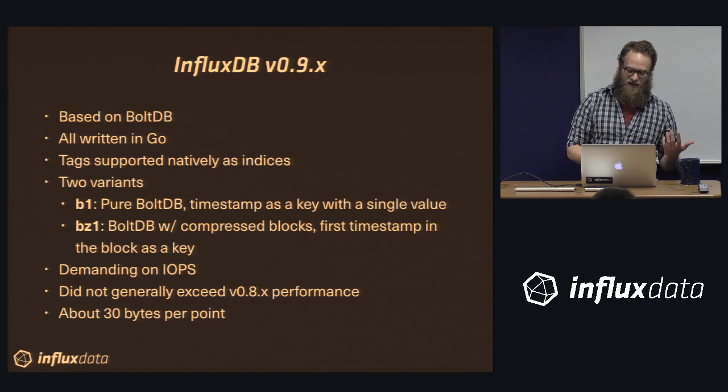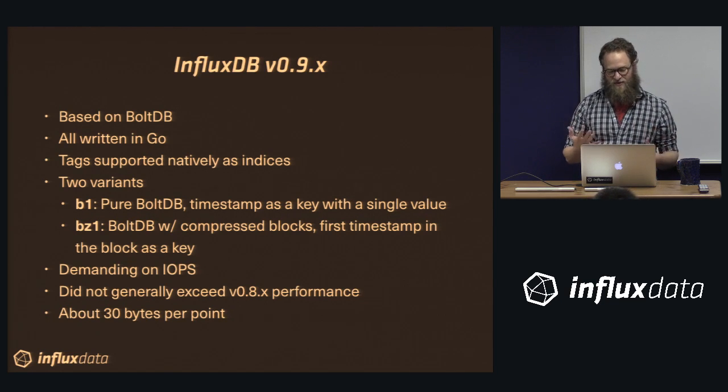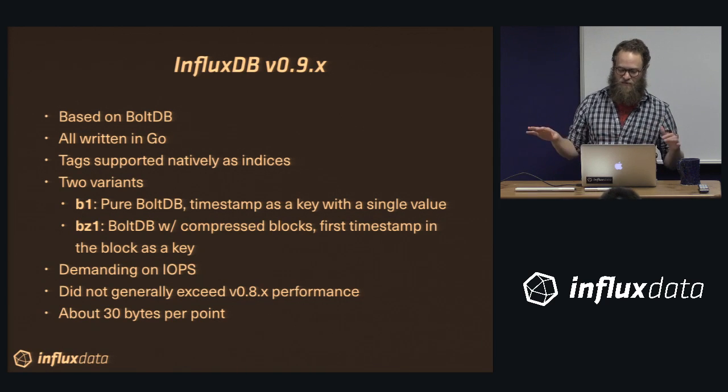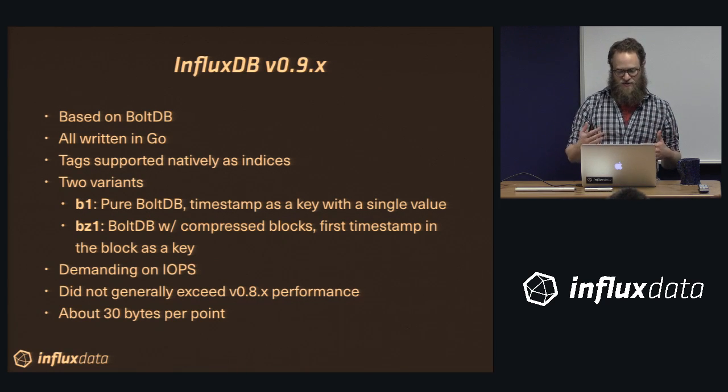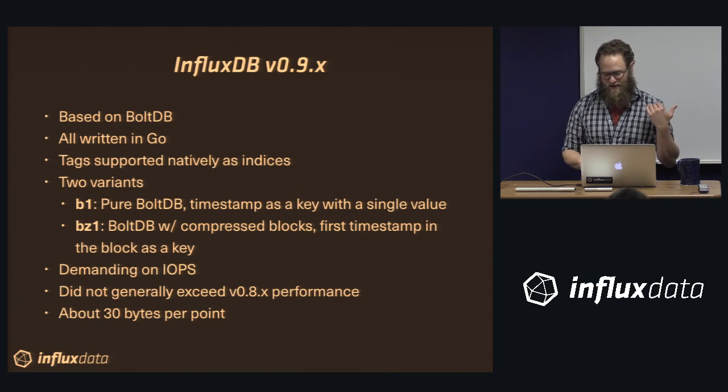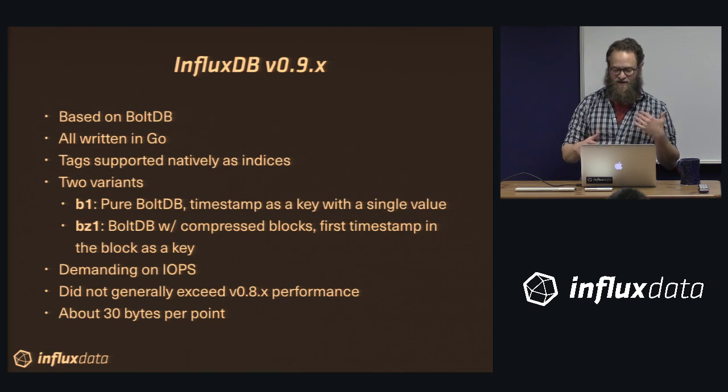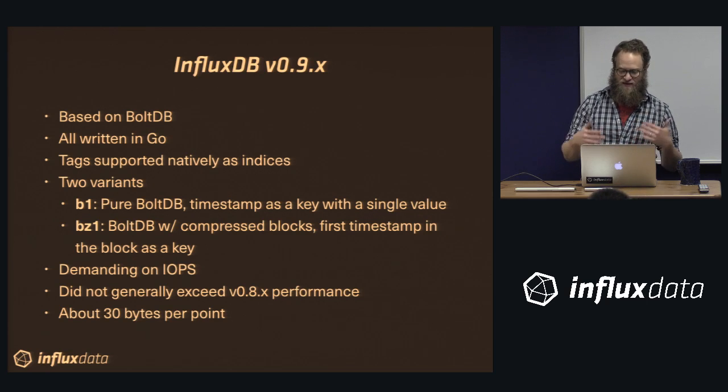It gave us that. And across the 0.9 series, we ended up with two variants that we experimented with. The first was just a plain BoltDB key-value store, where we handled the tags internally and just used Bolt to serialize everything, keeping it as simple as possible, and that was okay.